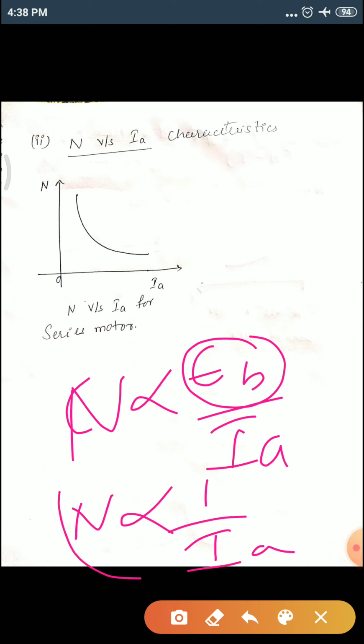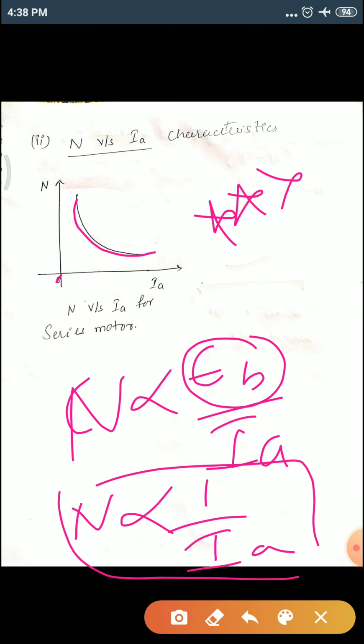Therefore speed and armature current are inversely proportional. Therefore as the current increases, your speed goes on decreasing. This is one important factor for us to discuss as a topic. Remember this, we'll be discussing this later. Remember that this machine is not going to operate without a load.